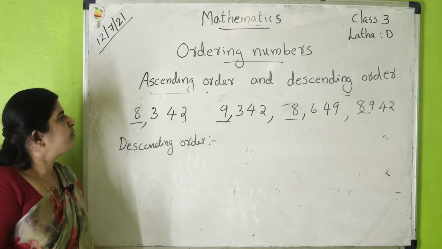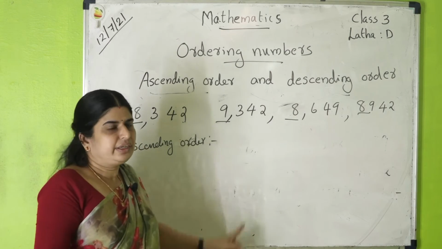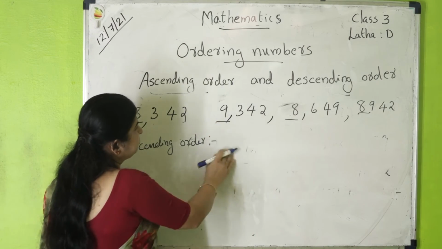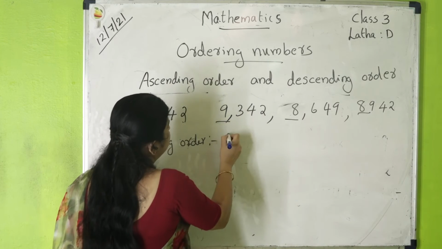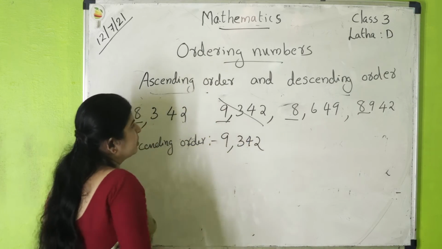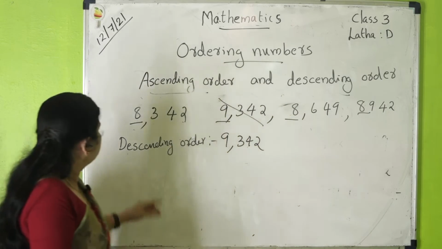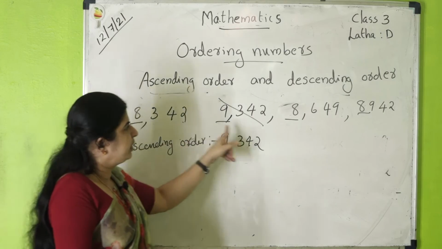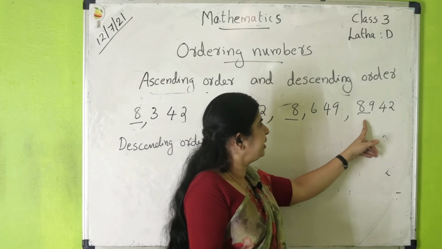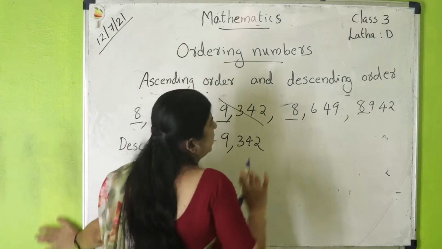8 or 9, which is the greatest number? Here 9 is the greatest number. Therefore, first we write 9,342, and then cross out this number, and next we compare 8,342, 8,649, 8,942. The leftmost digit is the same.